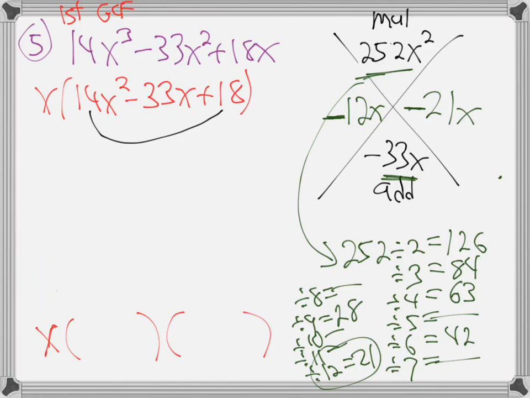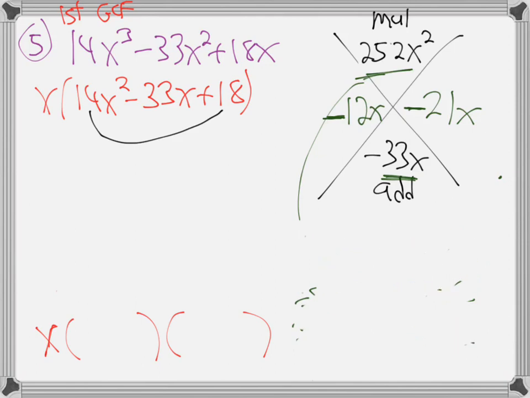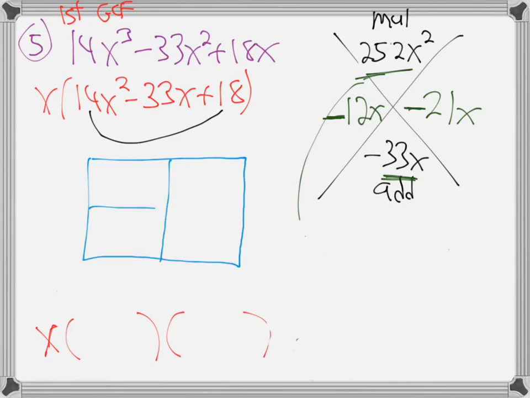So we're ready to make the box. Let me get all this stuff out of here. 12 and 21. We'll make the box over here. Okay, so remember, we put these three things in the box, don't we?